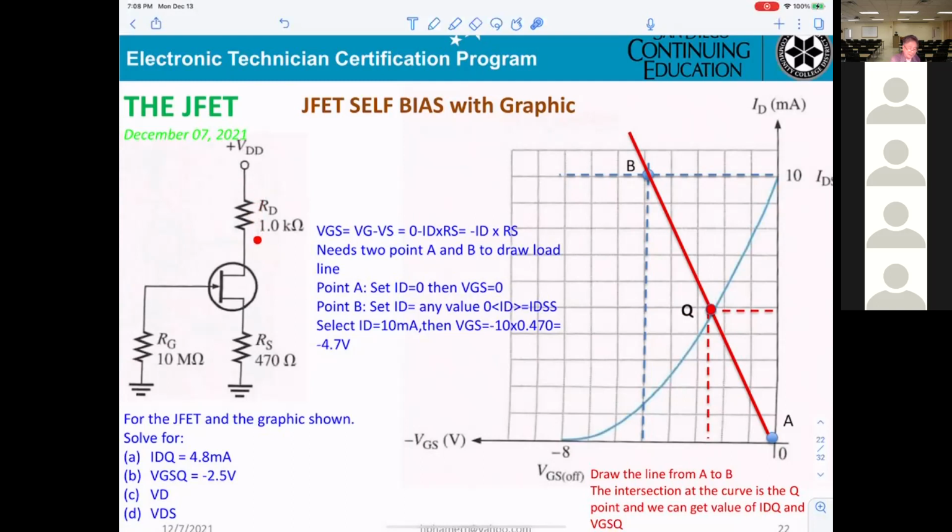ID will be the difference from VDD. So you can calculate the current ID equal VDD minus VD divided by RD. You don't have to apply the equation. Otherwise, you will need the graph. That's it.